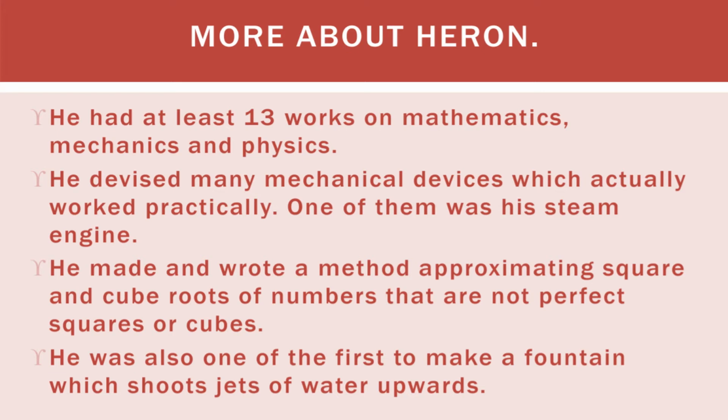He also wrote a method approximating square and cube roots of numbers that are not perfect squares or cubes. He was also one of the first to make a fountain which shoots jets of water upwards.